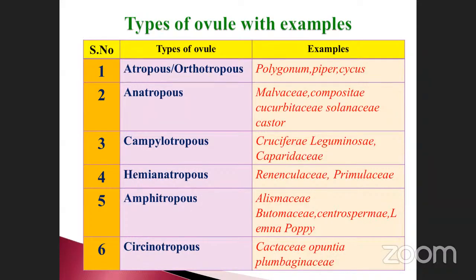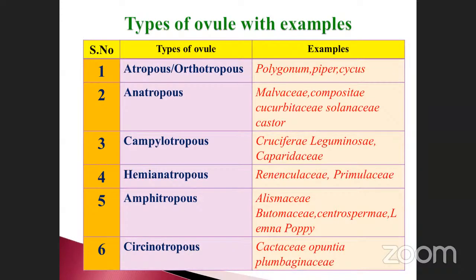Campylotropous: Cruciferae, Leguminosae, and also Capparidaceae. These are the three. Hemianatropous: anatropous is a structure already discussed. Hemi means partial, just a small bend-like structure is there. Ranunculaceae and Primulaceae. Ranunculaceae we already discussed.